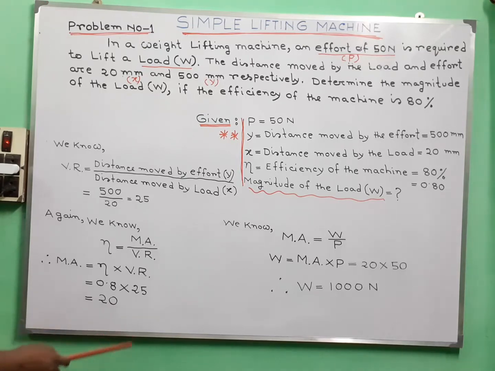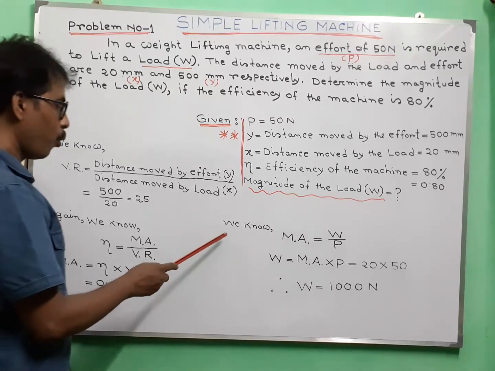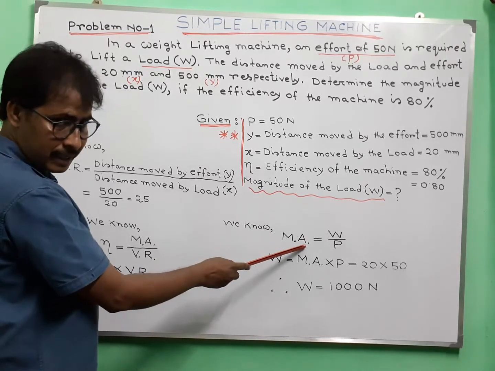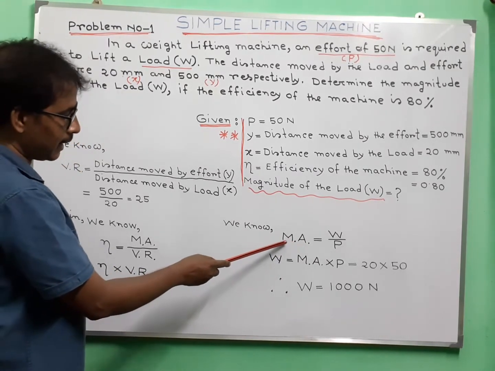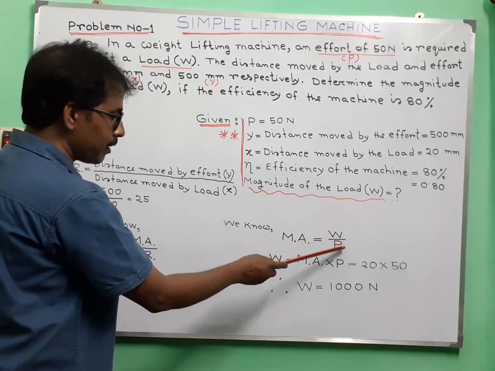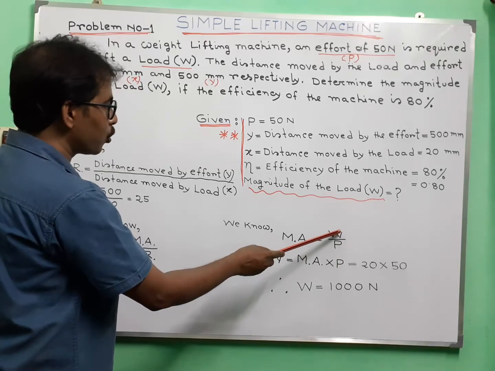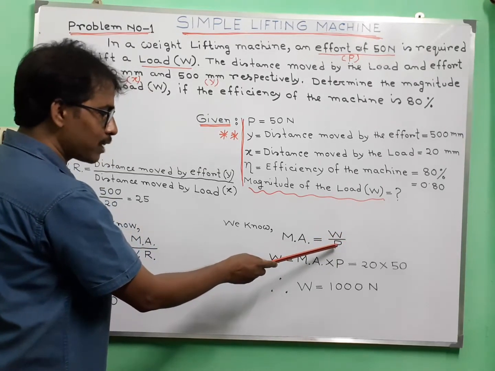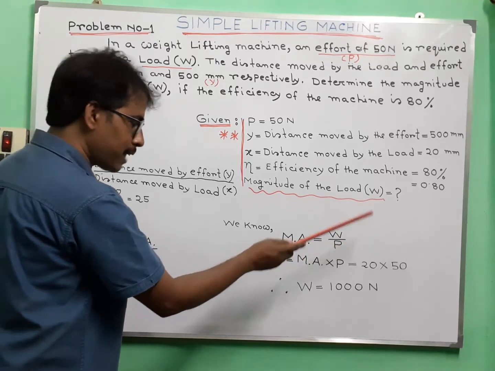Now we know mechanical advantage MA equal to W by P, W equal to weight lifted, P equal to effort applied.